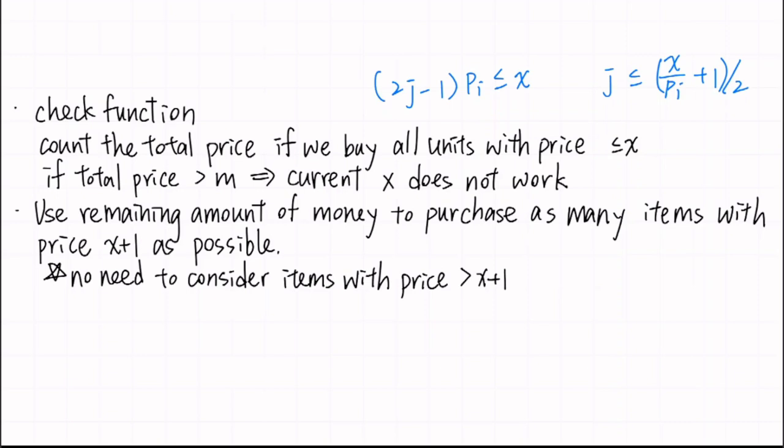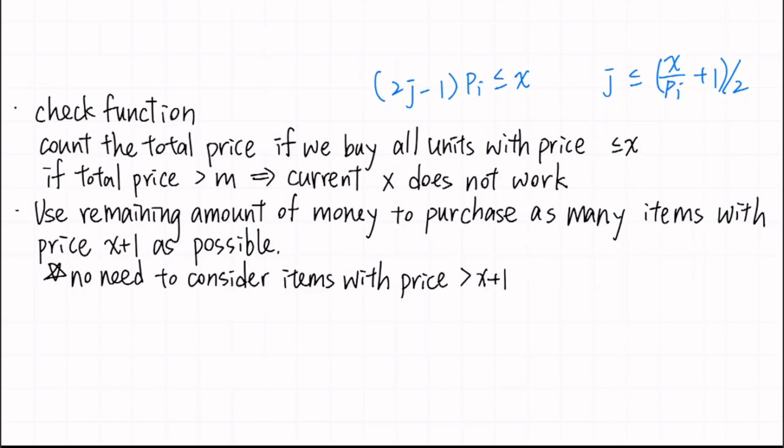So we wouldn't need to consider any items with units that are greater than x plus 1, because now all of the units with prices x are counted for. And if all of the units with prices x plus 1 can also fit in the total price of m, then our binary search would not have resulted in our value of x, since our binary search finds the maximum value of x that is possible.